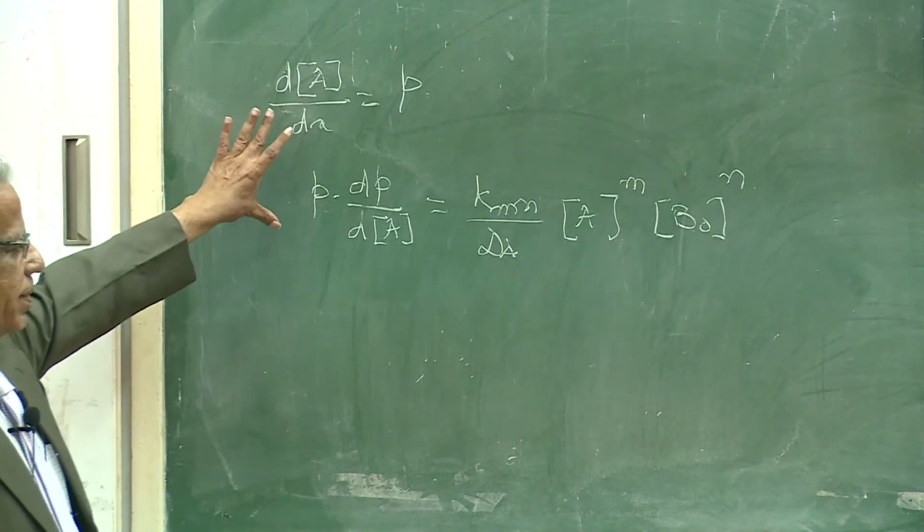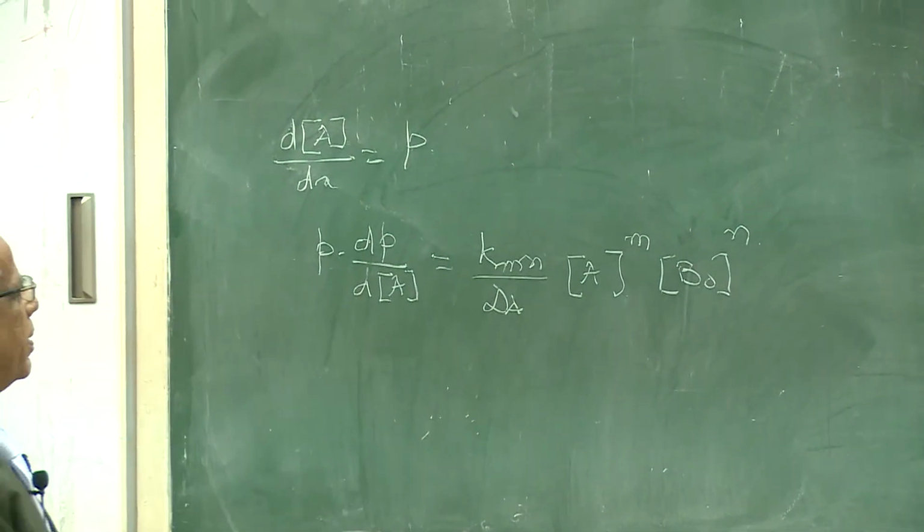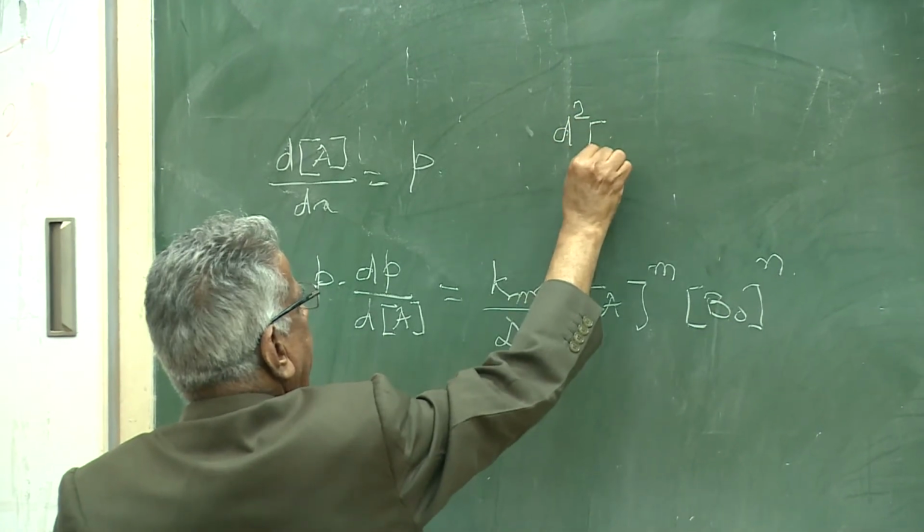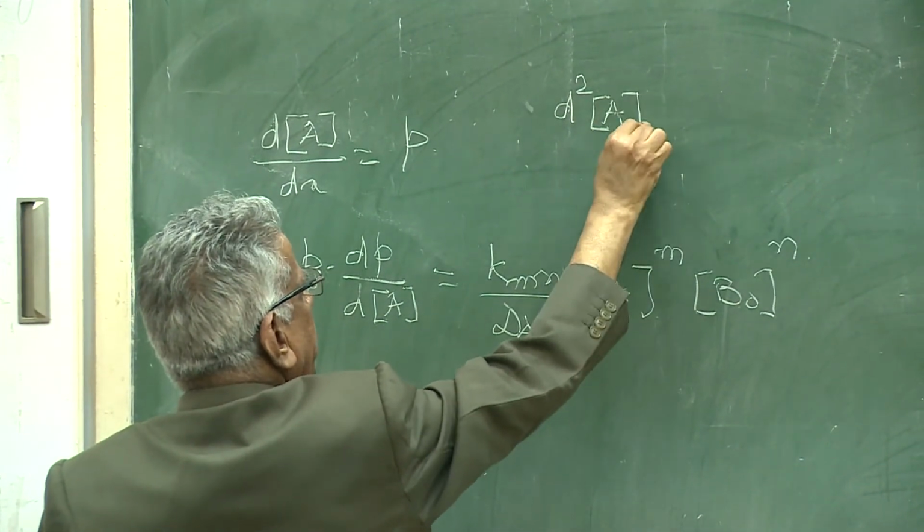Have you understood this? What has been done is d2A by dx square.